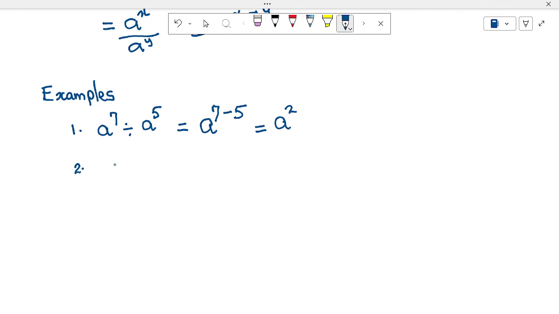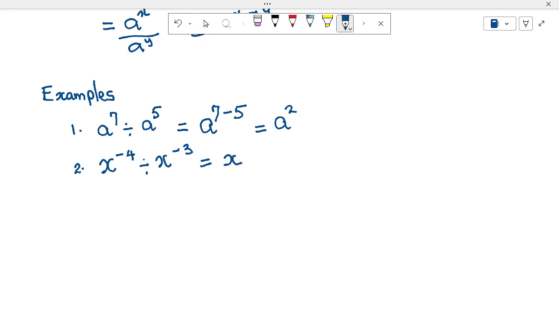Can we take another example? x raised to power minus 4 divided by x raised to power minus 3. Can somebody tell us what that would be?